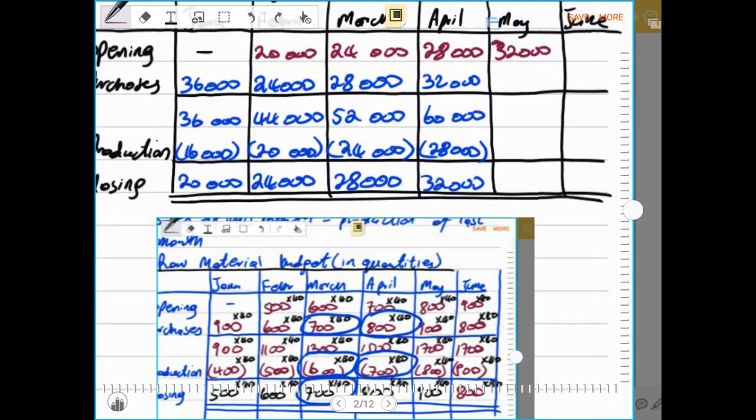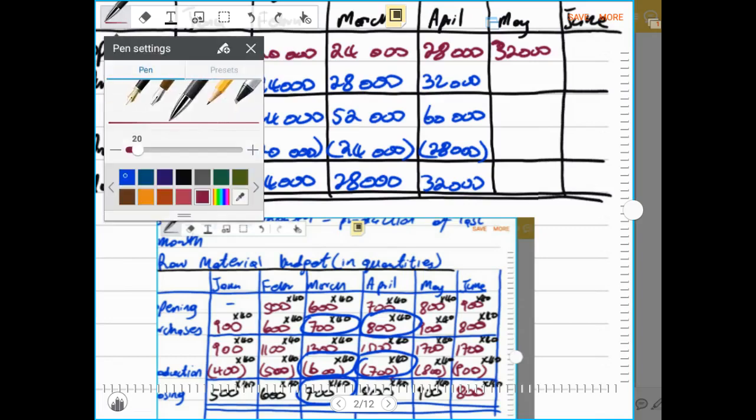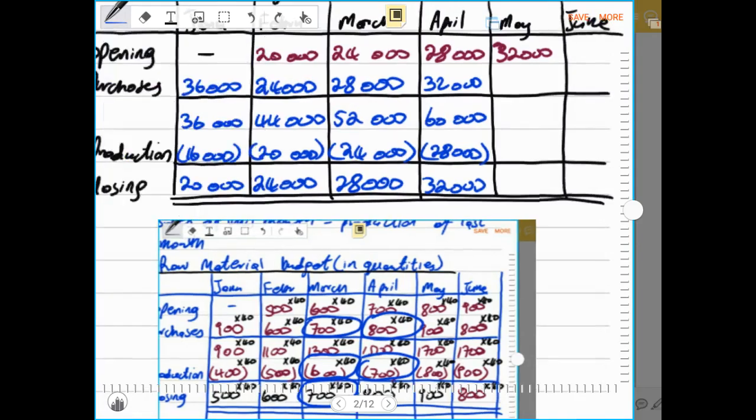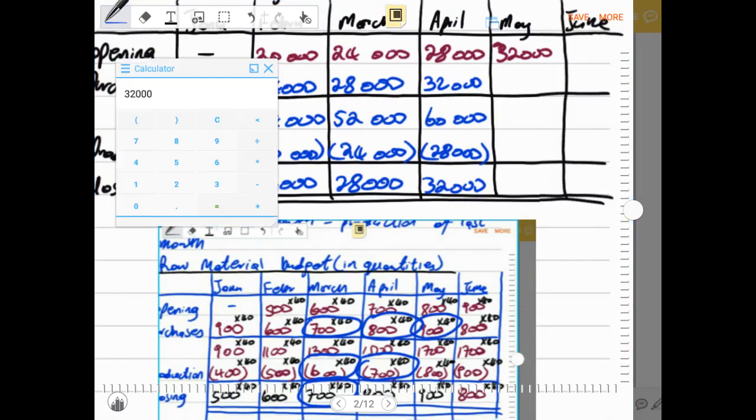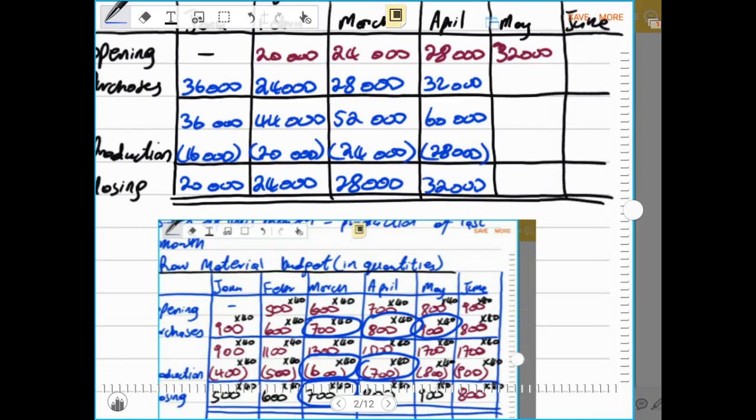Then we continue again, we say okay, we have to record now production of the current month, and production of the current month is 900 times by 40. Then we calculate that 40 by 900, it will give us 36,000, and this will be recorded as 36,000.